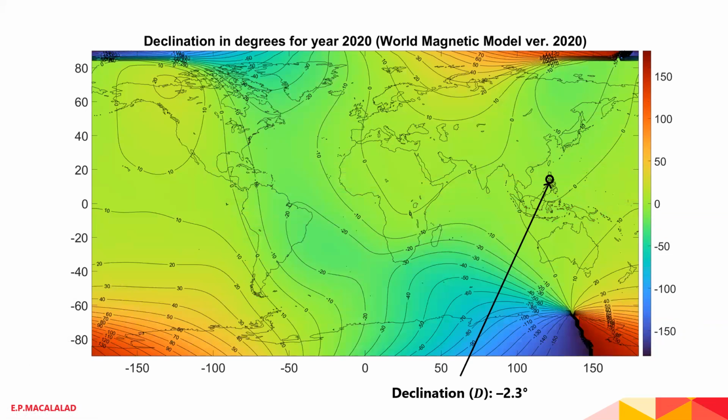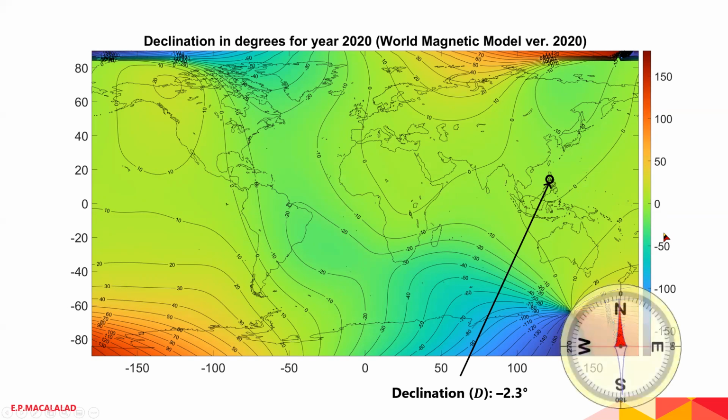Now, for the declination in the Philippines, in Manila, for example, it is about negative 2.3. That means if the compass needle points here, true geographic north is 2.3 degrees off your needle. More or less, it's already acceptable if you just want to know where you want to go, northward, southward, eastward, westward.